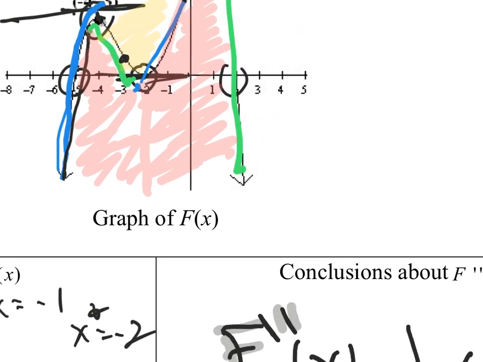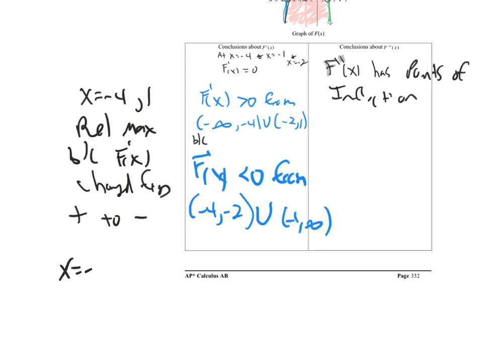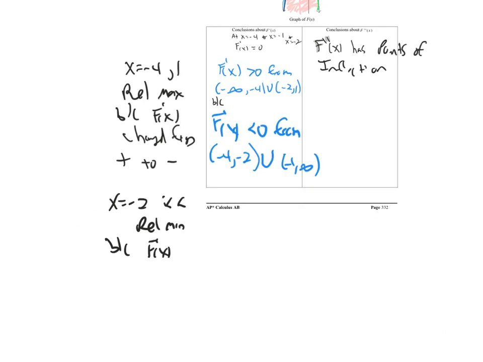The extrema that I almost missed was at -2. X equals -2 is a relative min because f prime of x changed from, I can use another word, decreasing to increasing.